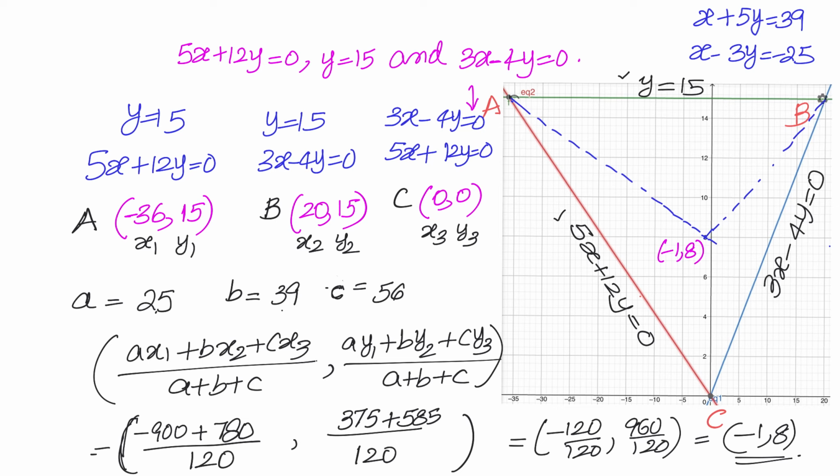So that is one way you can check it. Otherwise, you can check the y-intercept, because here this line's y-intercept is 0, this line's y-intercept is 15. My angular bisector y-intercept should be between 0 and 15. So it is going outside. That means that is not the one I am looking for. So this way we can find out the coordinates of in center.